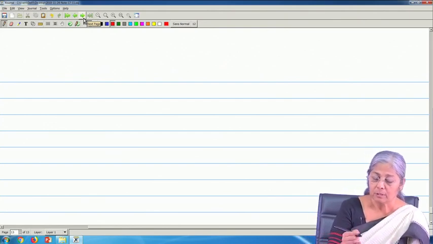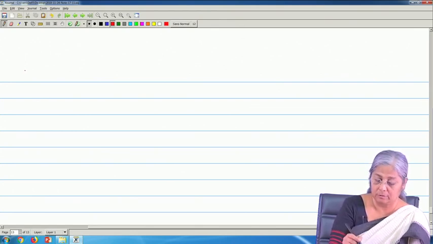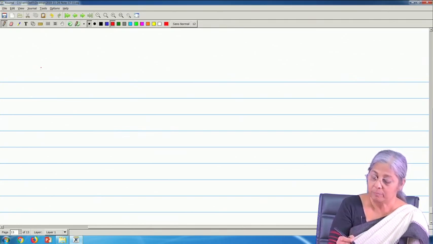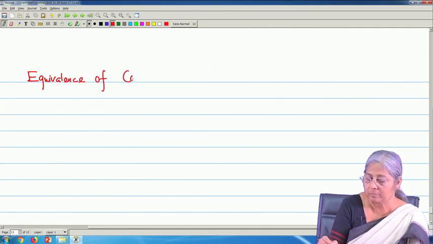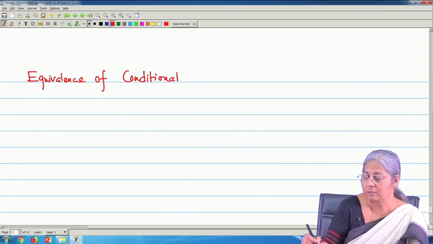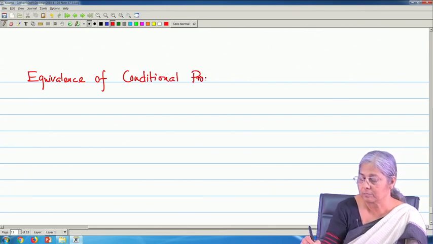So, first we see the equivalence of conditional propositions.